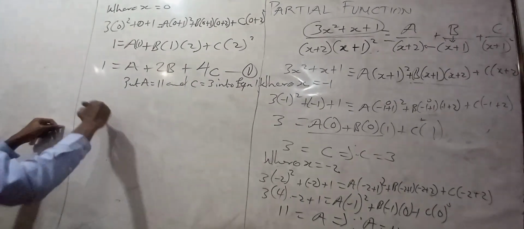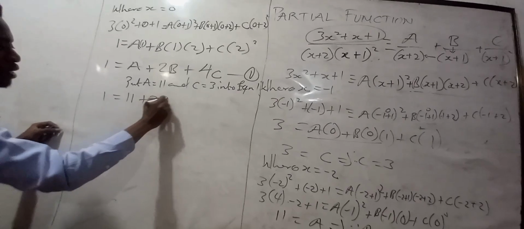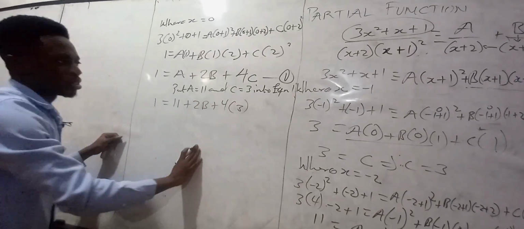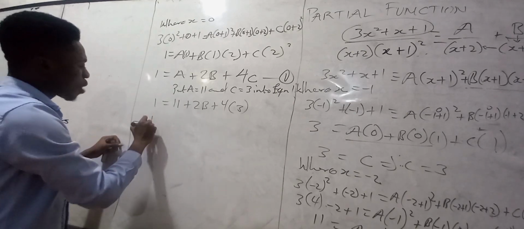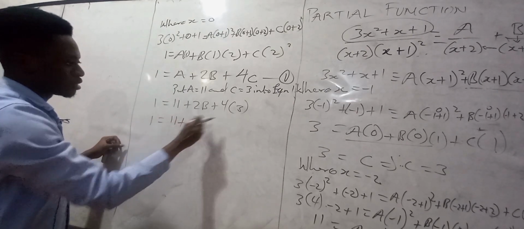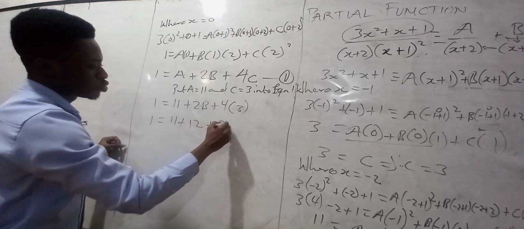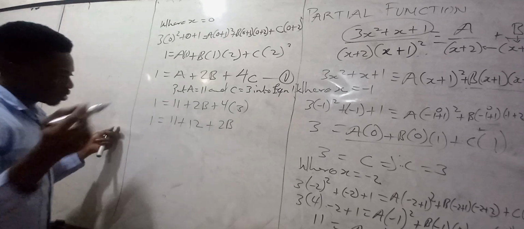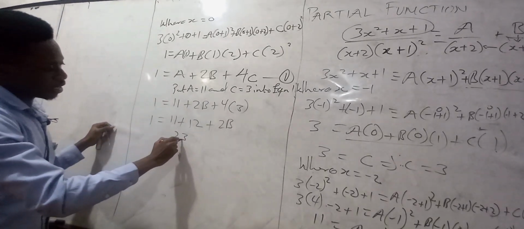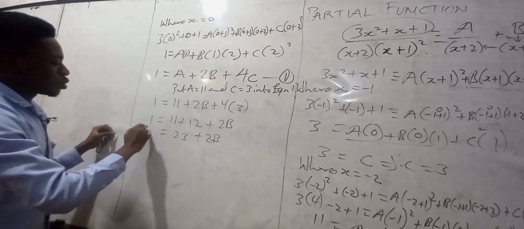So we substitute them. 1 being equal to 11 plus 2B plus 4C, which is 3. So we know that 1 is equal to 11 plus 4 times 3, 12, plus 2B. So when we add this, we get 23 plus 2B is equal to 1.